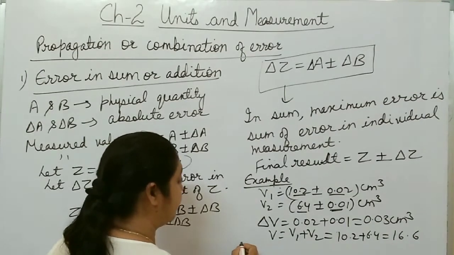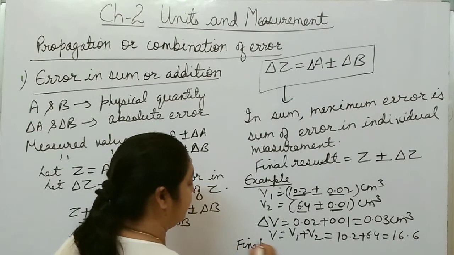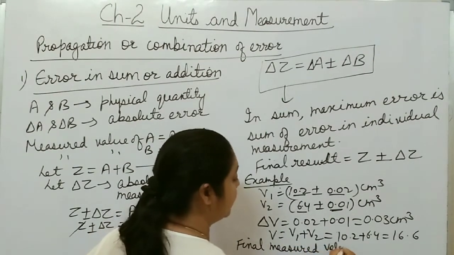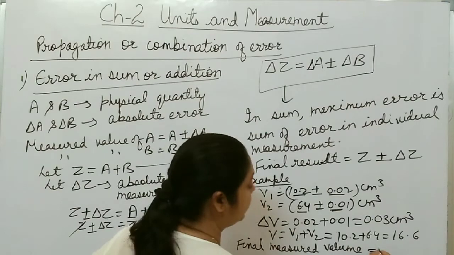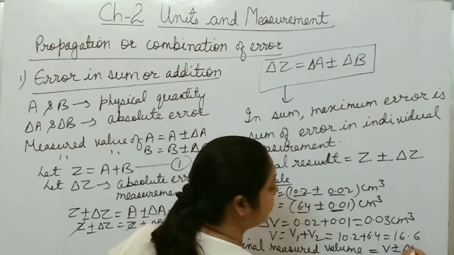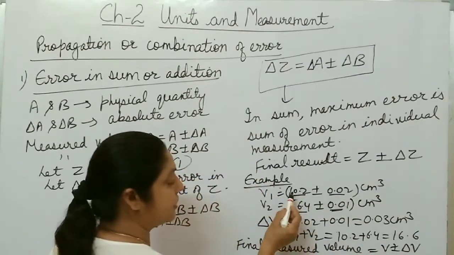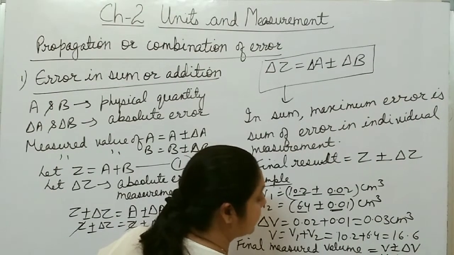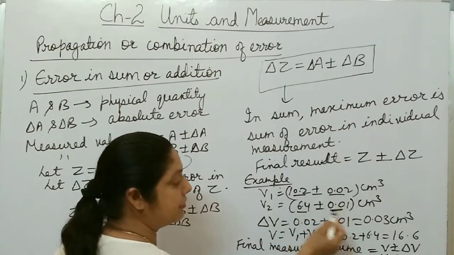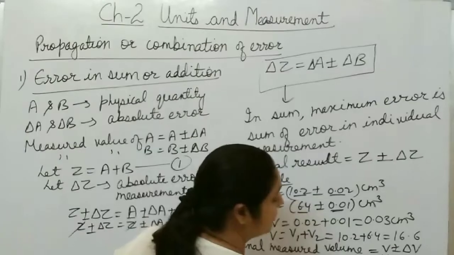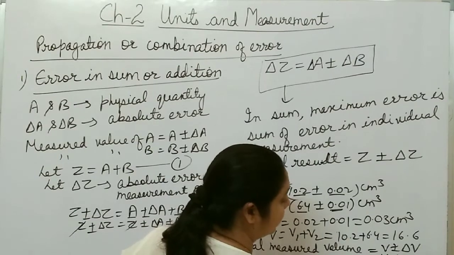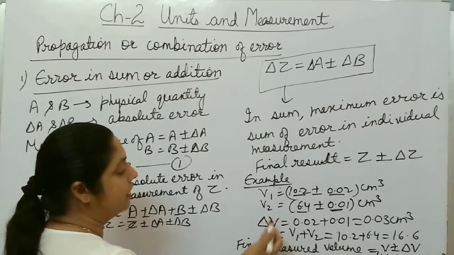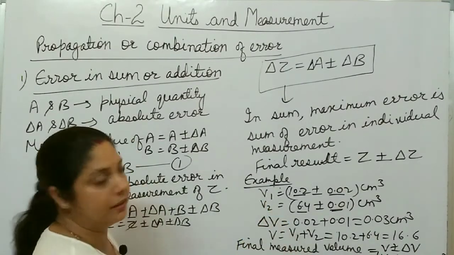So the final measured volume is V plus minus delta V. Adding the two true values you get 16.6, and delta V is the sum of the two absolute errors, 0.03 centimeter cube. In this way you add any two physical quantities.